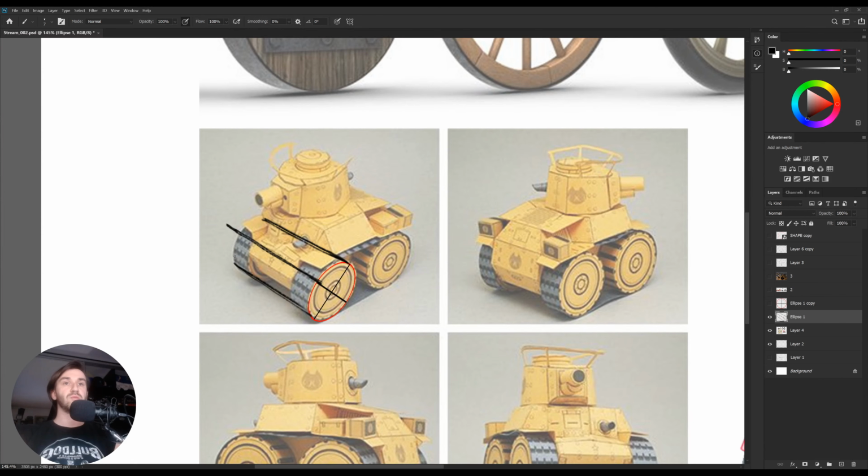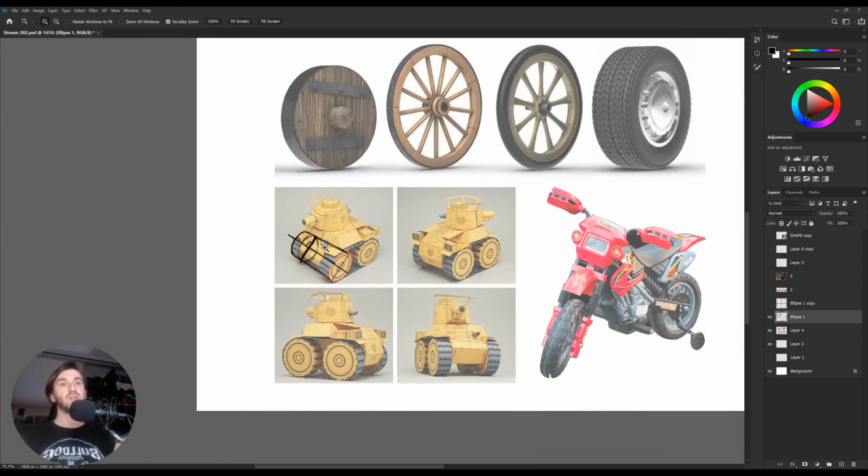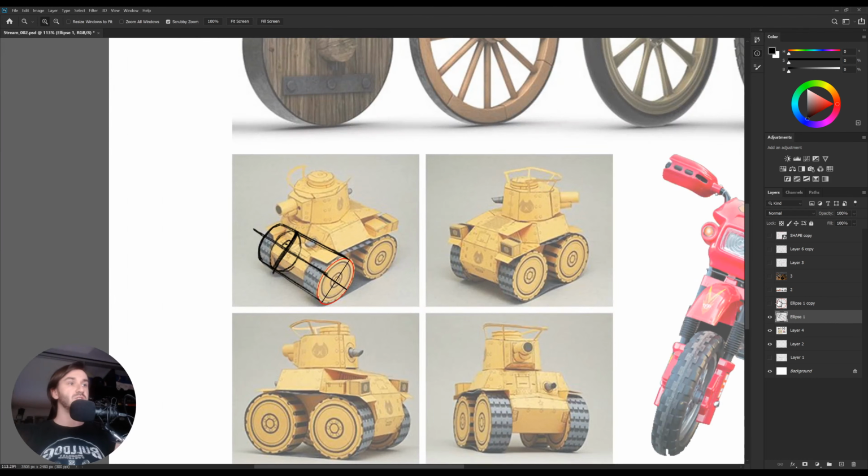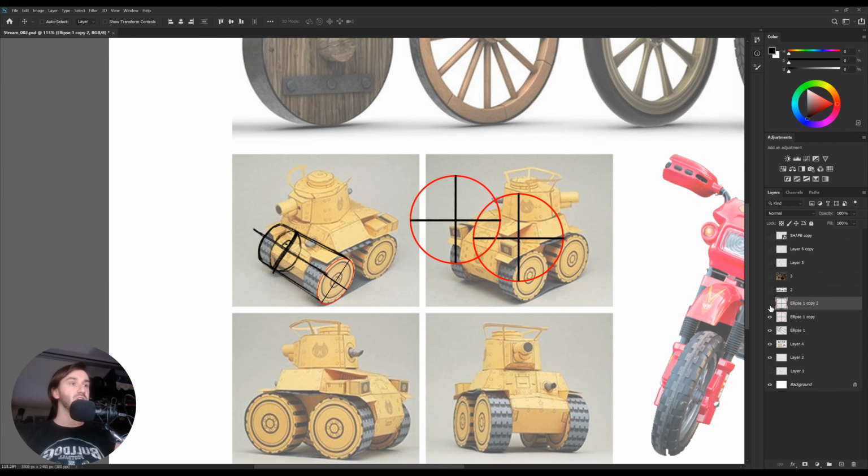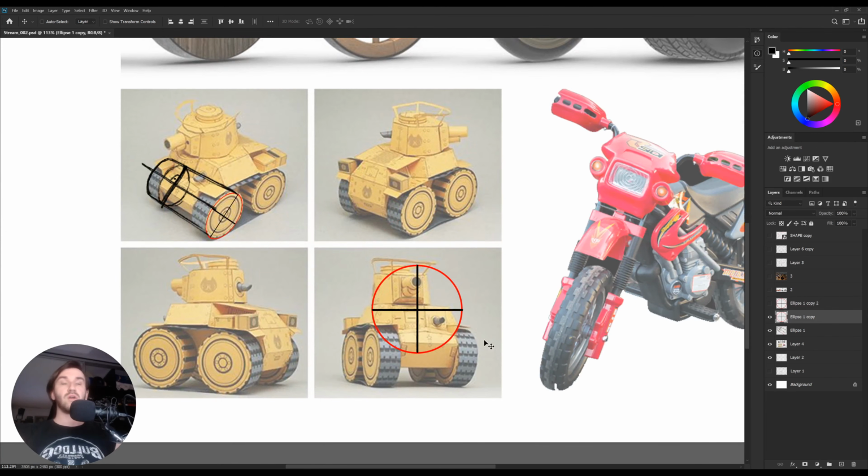So this will be a cylinder for the wheels of this small tank. Here will be the second wheel, and then we will have the portion of the ellipse that is at the moment invisible, and the long axis will also be at 90 degrees in relation to this.